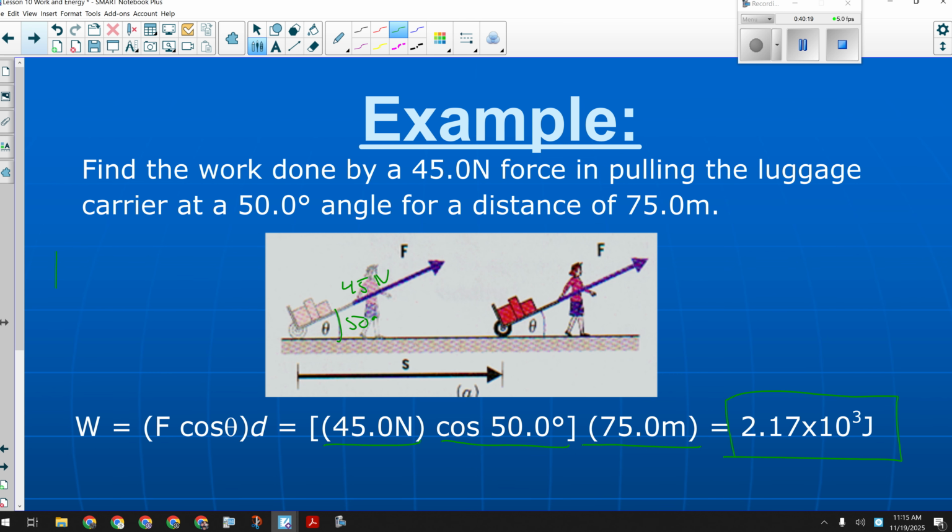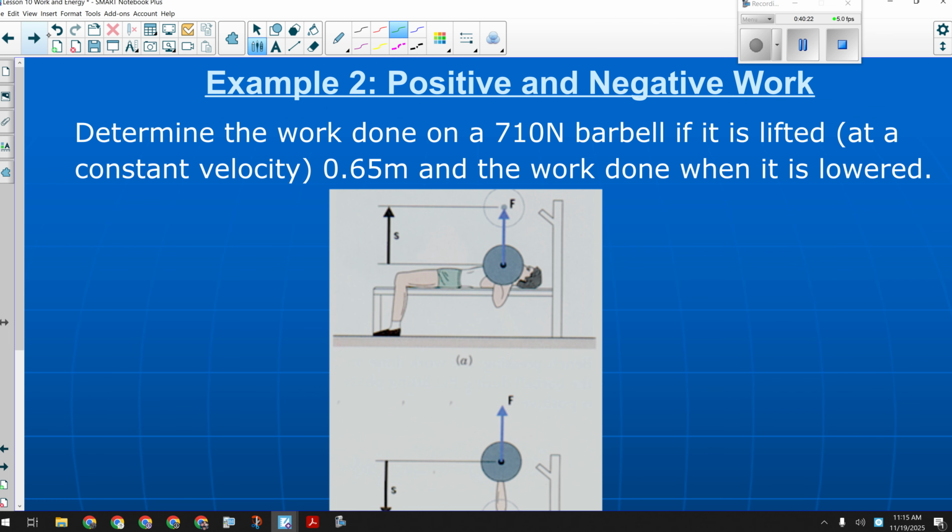Now, let's say you're working out, doing a bench press. The weight of the barbell is 710 newtons. So if I want to move it upwards at a constant velocity, how much force do I have to exert? Yes, 710 newtons. If it's going to move at a constant velocity, the net force needs to be 0.